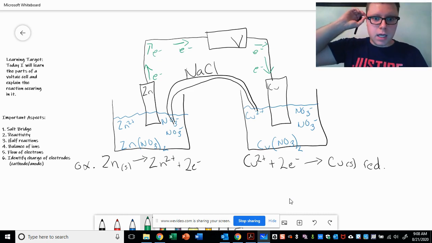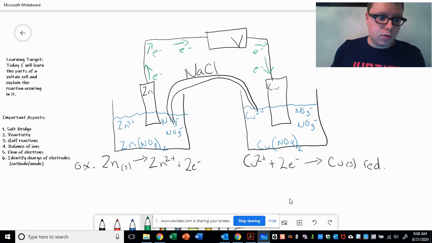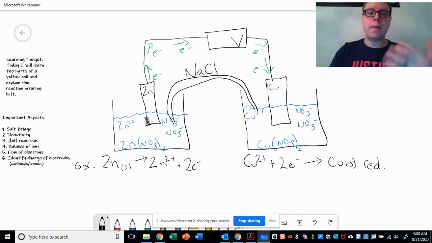A couple things that you need to know that are happening before we do the balance of ions. Go back to this. In this reaction, the solid zinc is becoming ions. So literally, what is happening to this bar is it's eventually going to be eaten away. It's going to lose mass because some of the zinc is going to come into solution and produce more zinc plus.